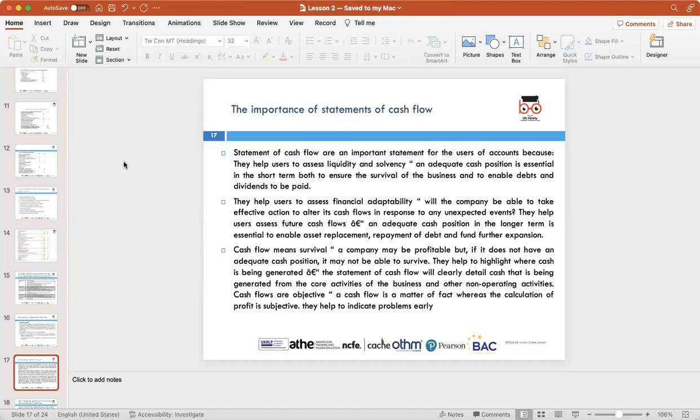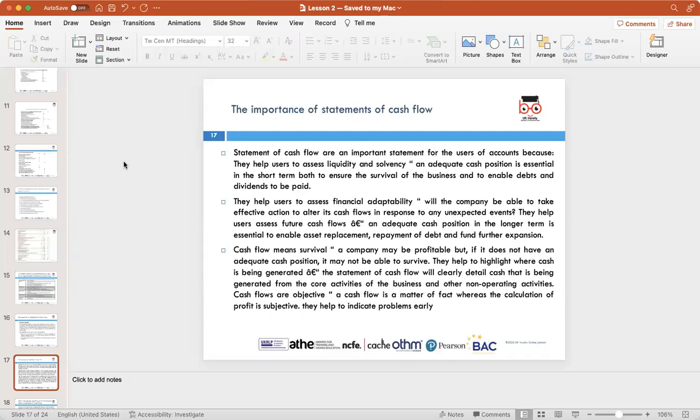A company may be profitable, but if it does not have an adequate cash position, it may not be able to survive. They help to highlight where cash is being generated. The statement of cash flow will clearly detail cash that is being generated from the core activities of a business and other non-operating activities.